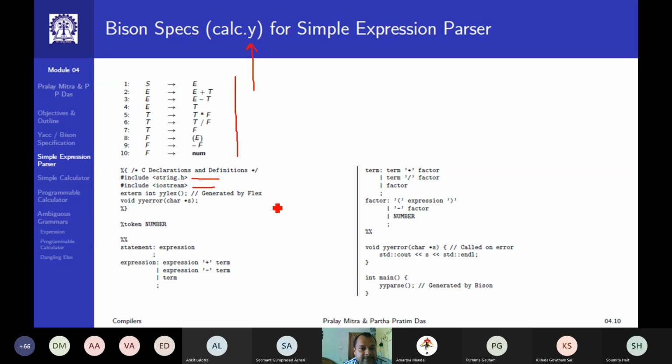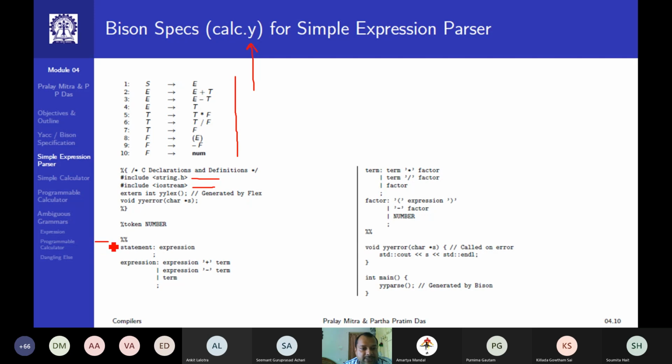That's why extern int yylex. And the linking will be deferred until the Lex program, or Flex program, comes. Then I am writing void yyerror(char *s). So these are some C declaration and definition part.